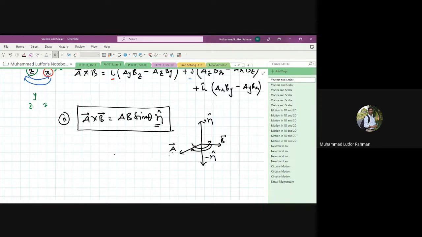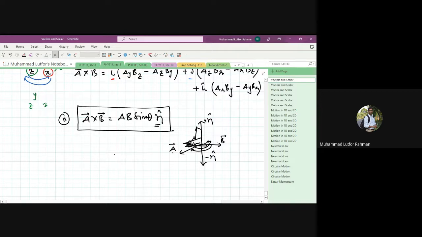So if you place your forefinger or index finger toward that direction, and this is your palm, which is towards the second vector, and this is your thumb, then if you rotate the fingers from here to here, the thumb would be towards the upward direction. So that's why the n hat would be in the upward direction.